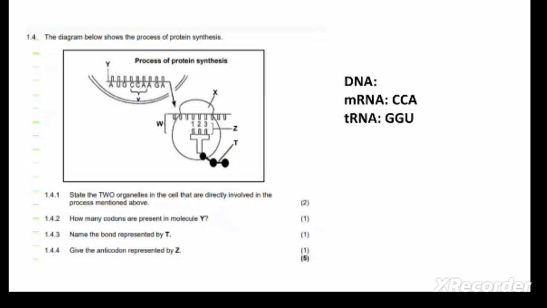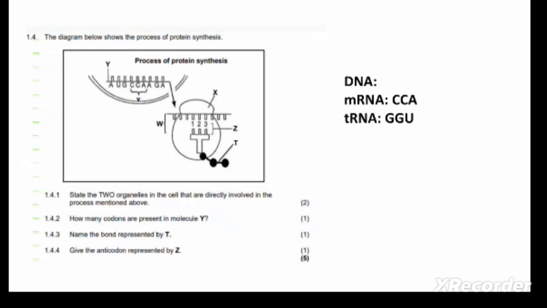Name the bond represented by T, that is the peptide bond, because it is the bond between the amino acids. Give the anticodon represented at Z. So the first vertical small lines there is AUG, and then at the top of 1, 2, 3, it's going to be GCC on the mRNA.